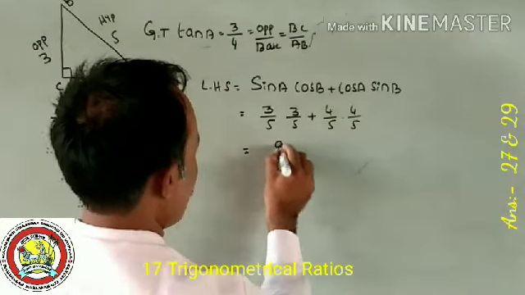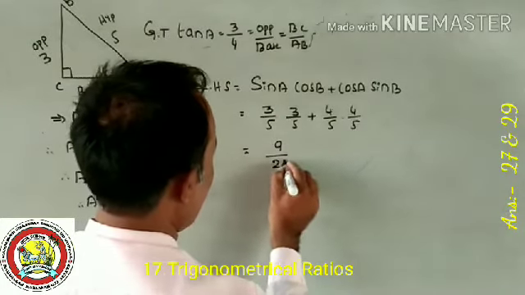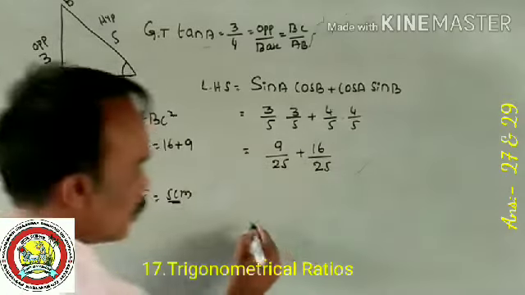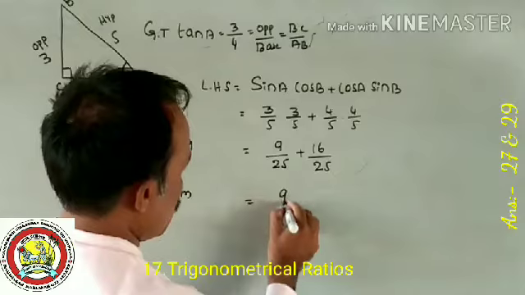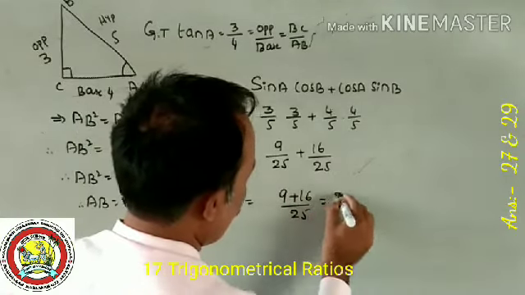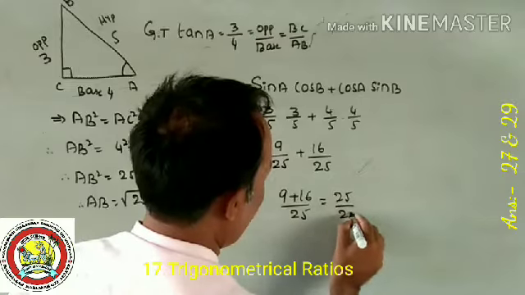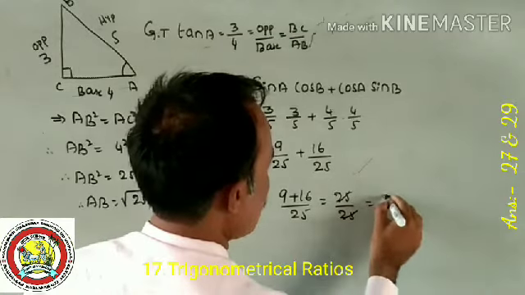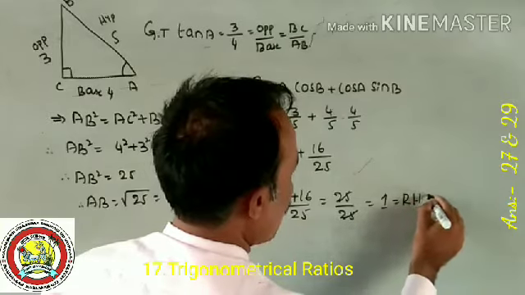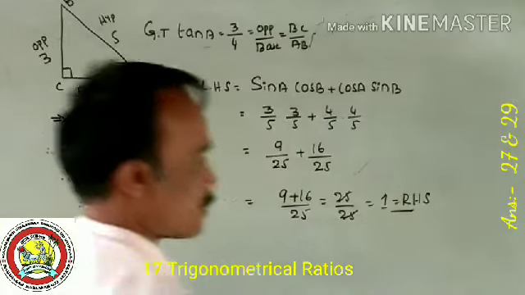So this is equal to 9 divided by 25 plus 16 divided by 25. Take LCM. What will we get? 9 plus 16 by 25. So 25 divided by 25 gets cancelled. This is equal to 1. So this is equal to right hand side, RHS.